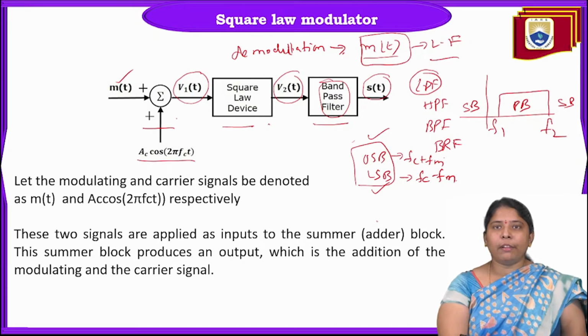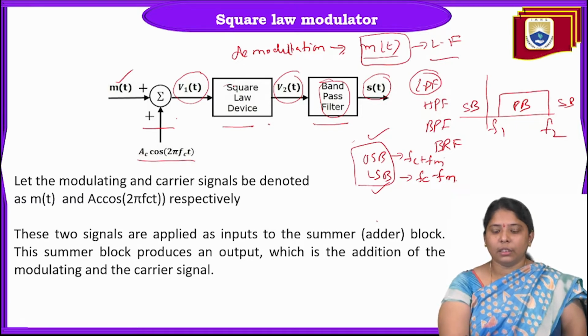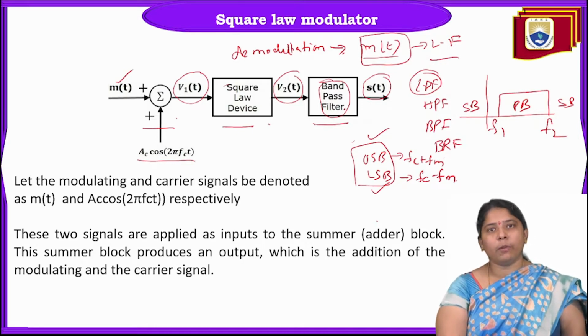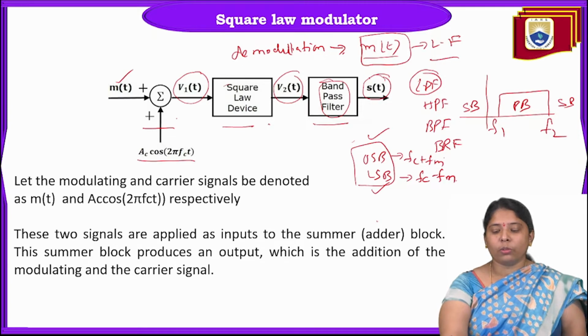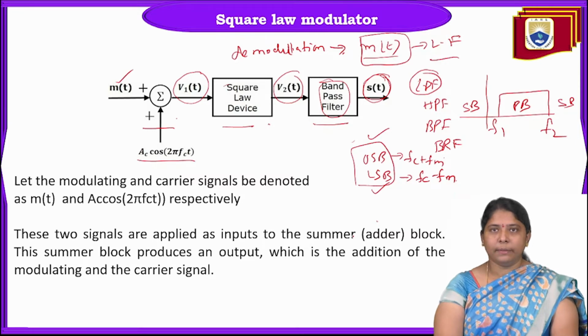We'll write one by one the expression of V1 of t, what the characteristics of the square law device are, and what the expression for V2 of t is. And finally, if V2 of t is given to the band pass filter, what is the output, what is S of t? These three terms we will clearly do in the analysis.